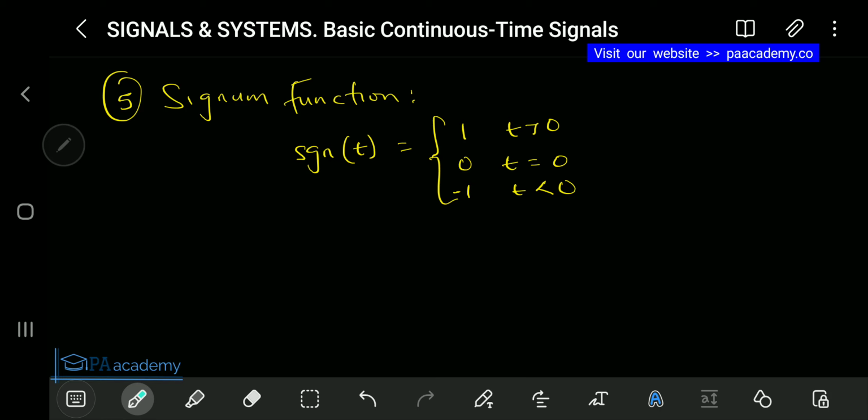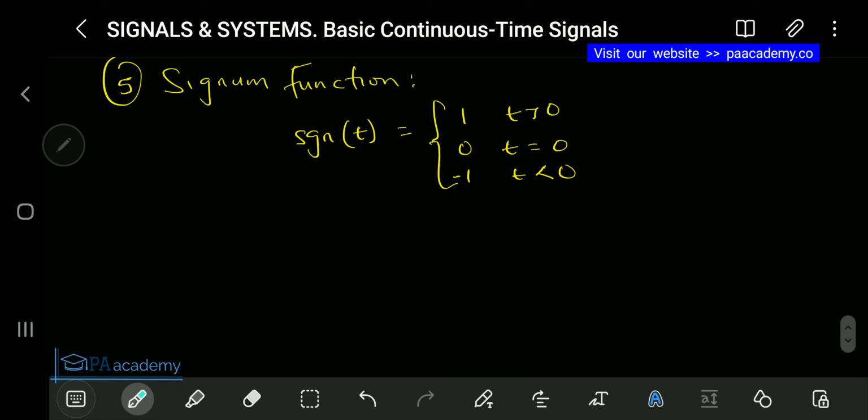Using this, we can analyze what the signal will look like diagrammatically. So now let's draw our t and our x of t. Don't forget, our x of t is the SGN of t.